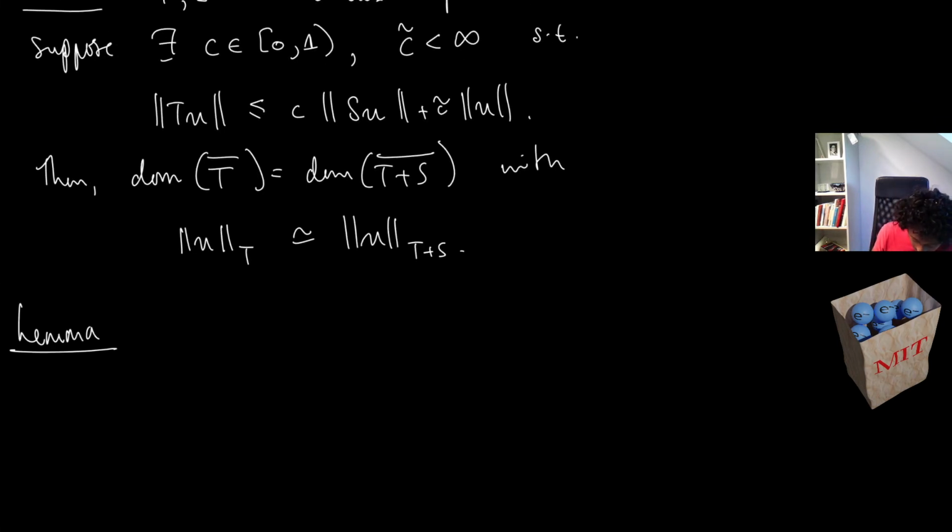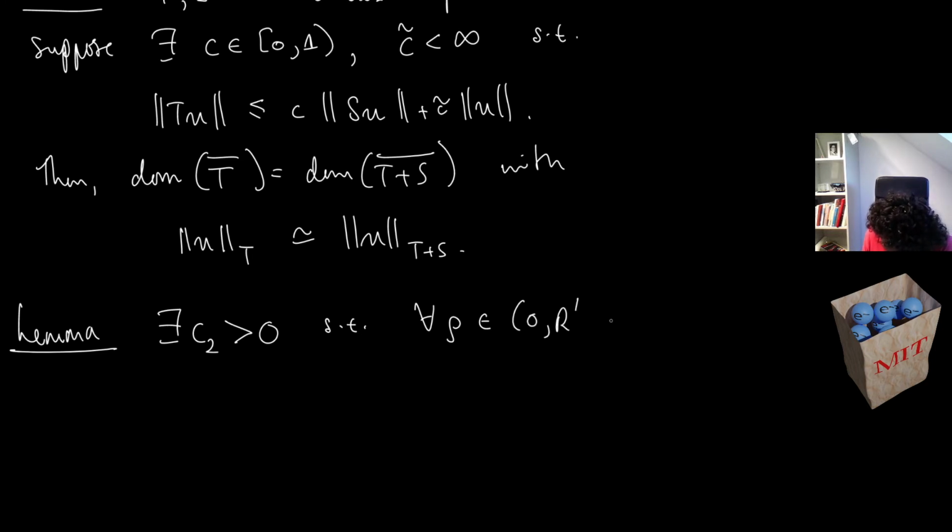Okay, so lemma. There exists a positive constant C2 such that for all rho, where we make choices of rho between 0 and R prime, and u in C infinity with support of u contained in Z rho, the following estimate holds. Here the Z rho does not touch the fake boundary, so we are staying away from the rho end.